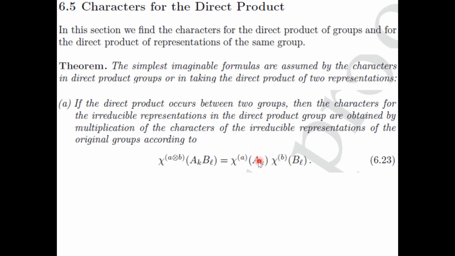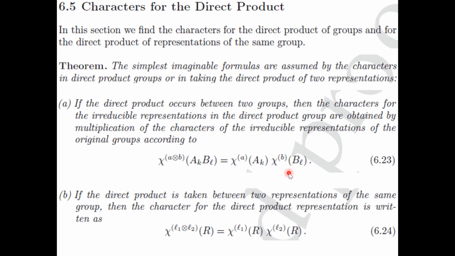Okay, so in the direct product group, the character associated to a certain symmetry operation, which is the product A_K times B_L, is simply the character of A_K in the A group times the character of B_L in the B group.